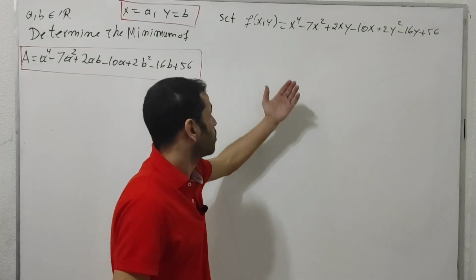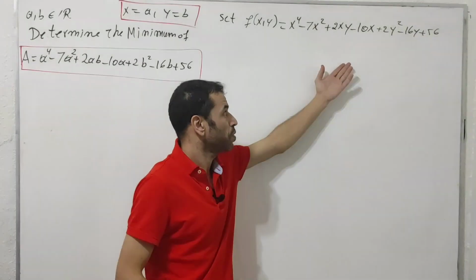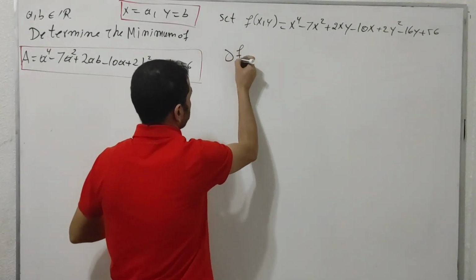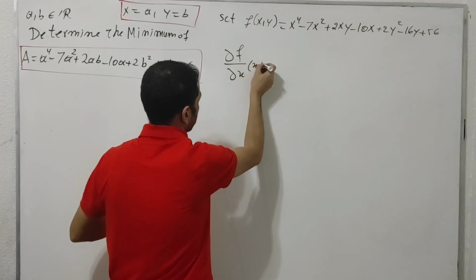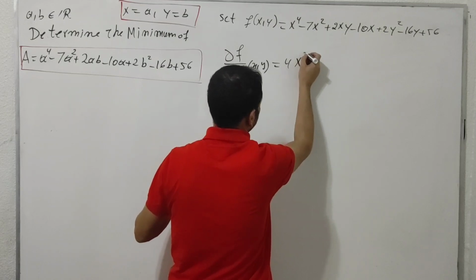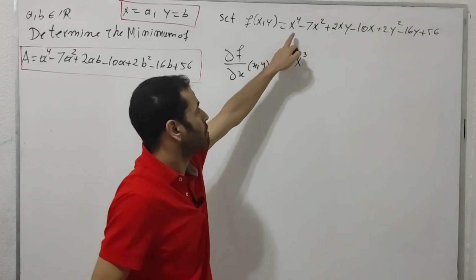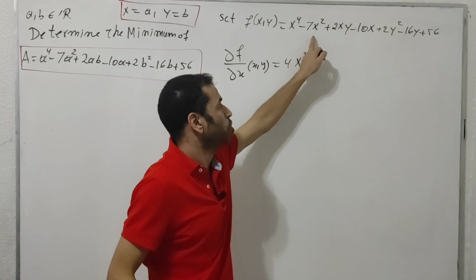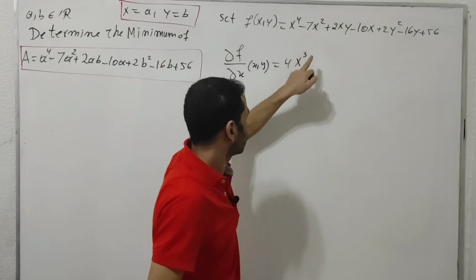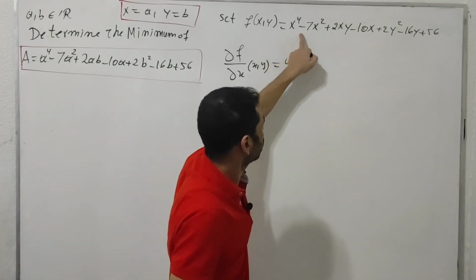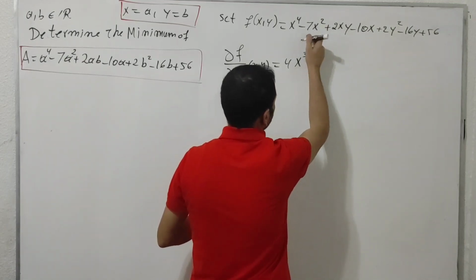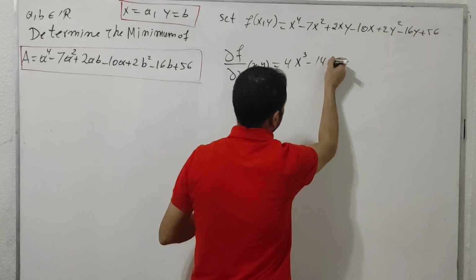So I'm going to calculate the partial derivatives with respect to x and y. The first one, the partial with respect to x, is 4x cubed, taking the derivative of only the terms involving x, minus 2 times 7, which gives minus 14x.